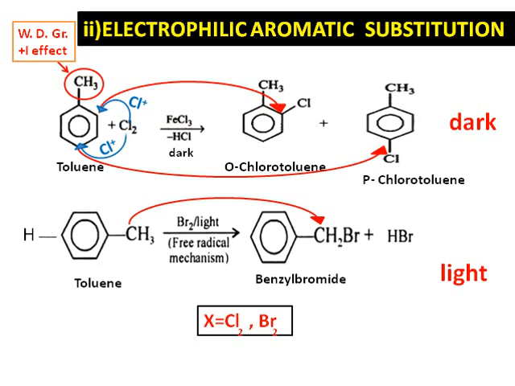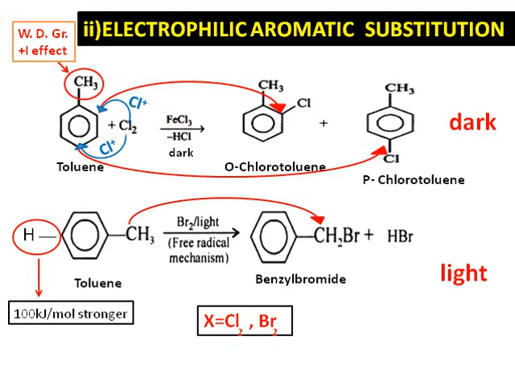Now this is aryl hydrogen, whose bond is about 100 kilojoule per mole stronger than the benzyl hydrogen. So it is difficult for the bromine free radical, which is produced from the bromine molecule in presence of light, to break this aryl hydrogen.